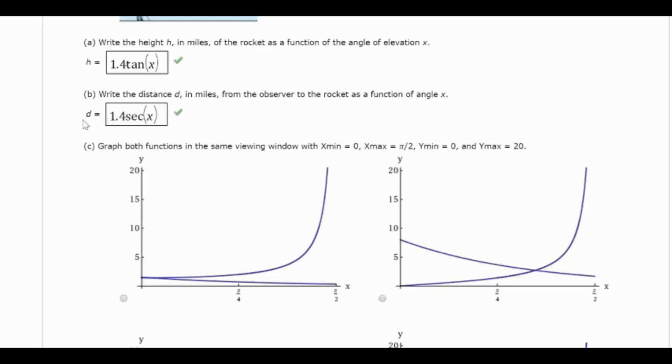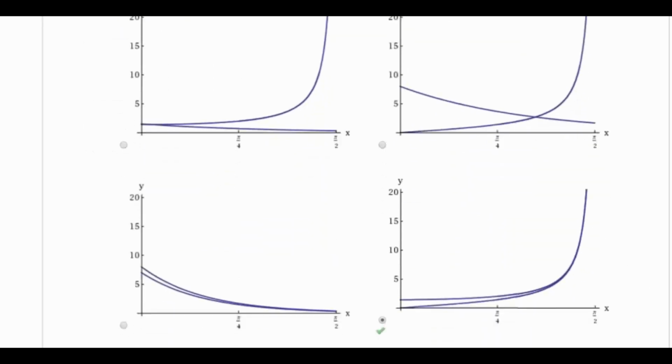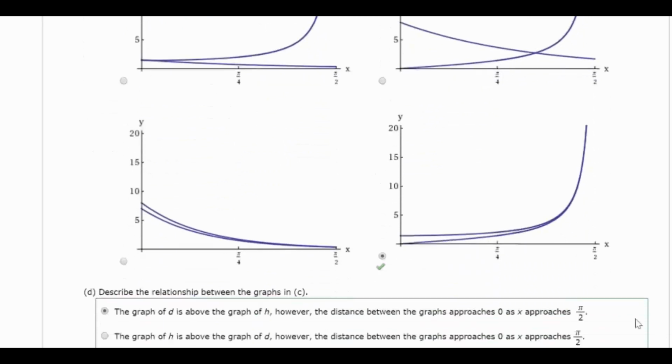So d should be at a height of 1.4 at x equals 0. And this graph here would be the only one that satisfies that. So this graph would have to be the one for d. The one on top would have to be the one for d. And the one on bottom would have to be the one for h.